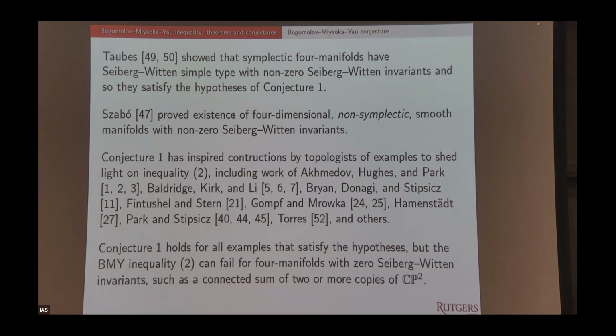Naturally, neither a proof nor counterexample has surfaced so far. On the other hand, if you break some of the hypotheses, so you drop the requirement that the four manifolds have non-zero invariants, it's very easy to find a counterexample. So you can do this with connected sums of the complex projective plane, for example.